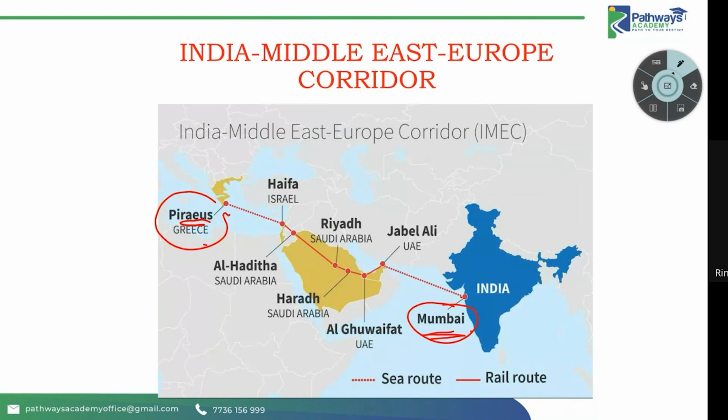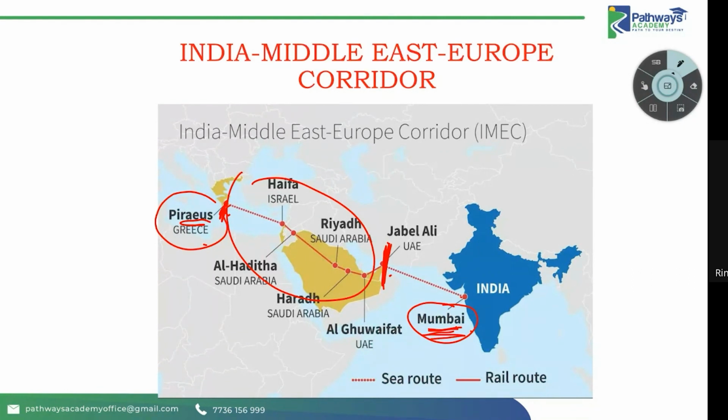First, Mumbai port is connected to the Middle East. This section is known as the Eastern Corridor. Then, from Jebel Ali in UAE to Piraeus in Greece, this section is known as the Northern Corridor.